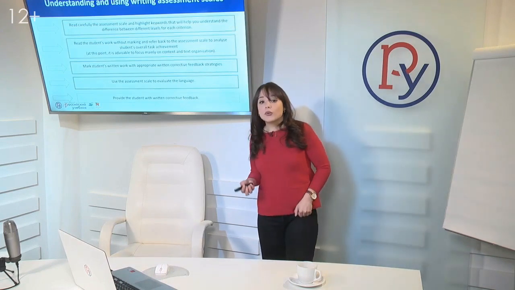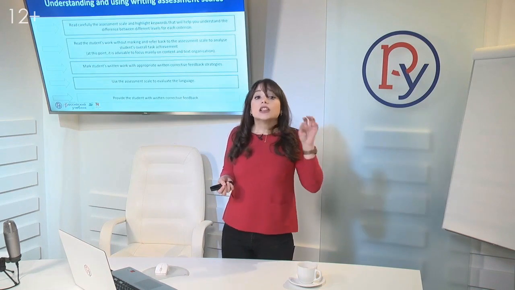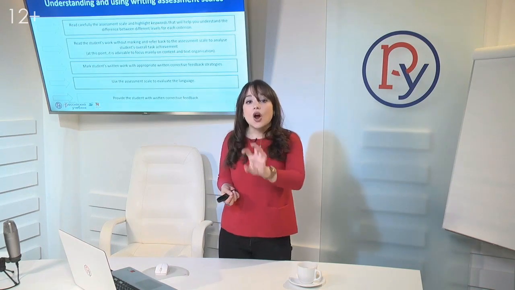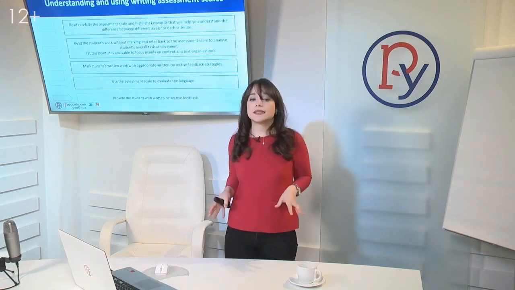So it's very important to read it without marking in the very beginning, and locate the bits of information required by the task in this text, just to make sure that, okay, they're supposed to answer 3 questions, this is the answer to the first question, this is the answer to the second question, this is the answer to the third question, right?